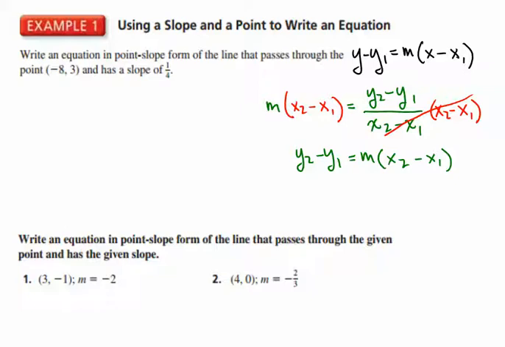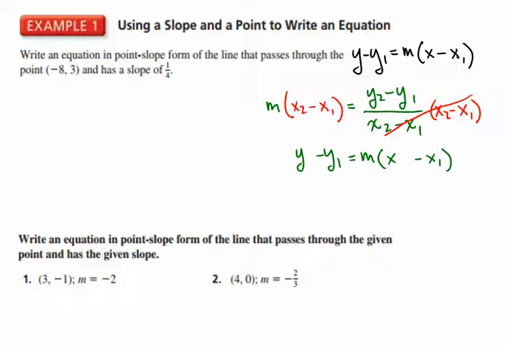Now, if we knew the slope, but we only knew one point, then we could write an equation simply by erasing the subscript from x sub 2 and the subscript from x sub 1, and what we would end up with is what I have above, the point-slope form of a linear equation.